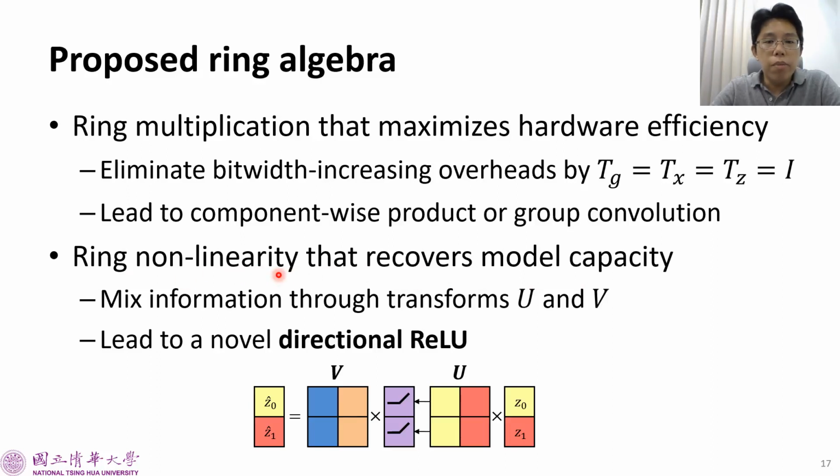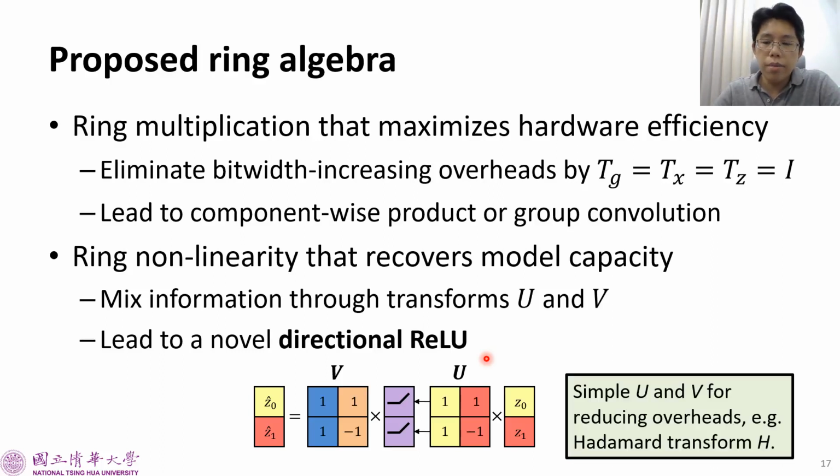This is achieved by mixing information through the transform U here and here before and after the component-wise ReLU, and we call it directional ReLU. To further reduce overhead, we prefer to use simple U and V, such as Hadamard transform H here.